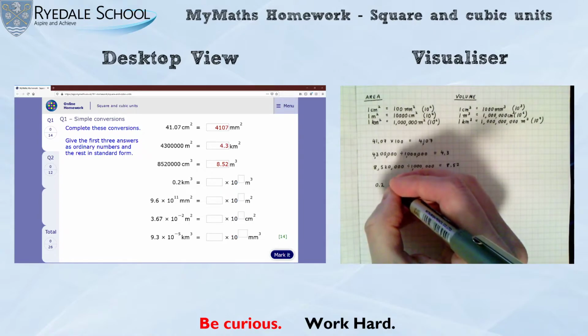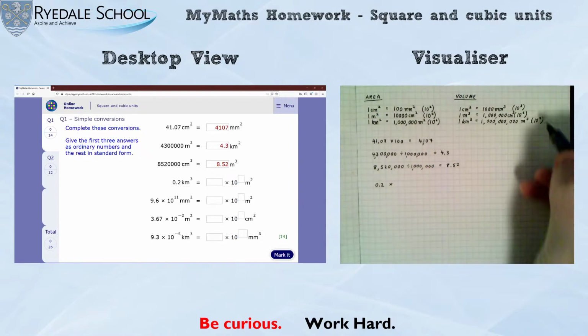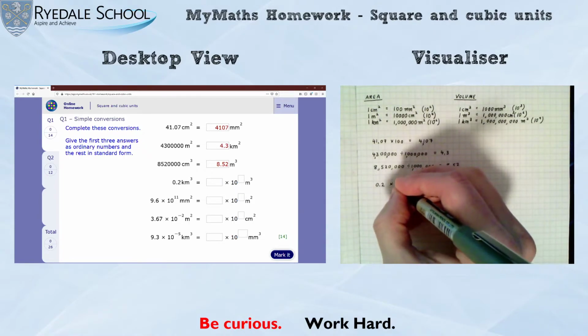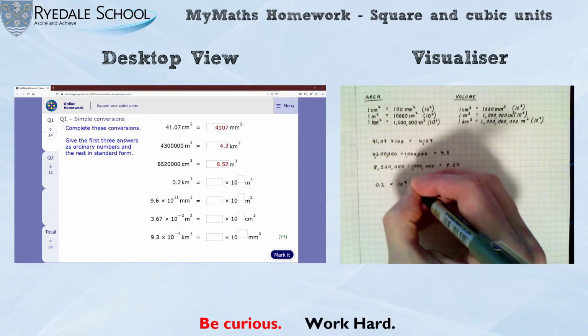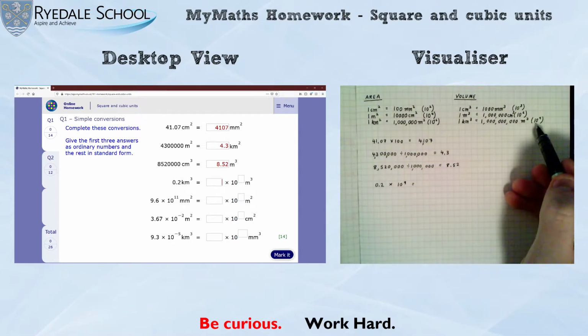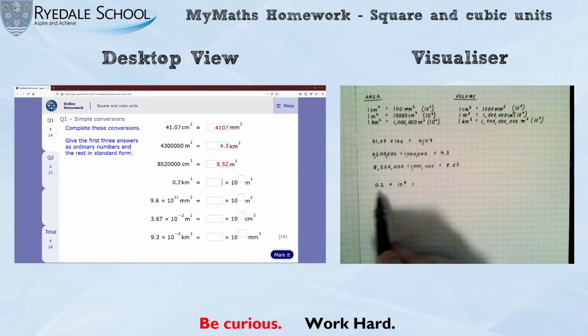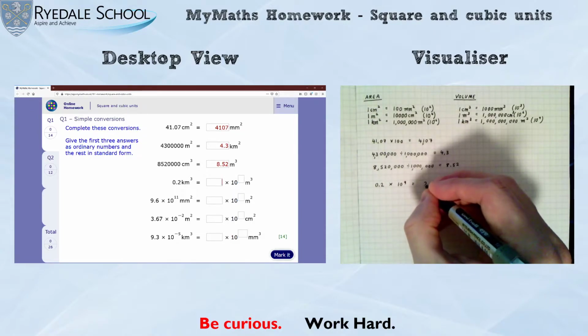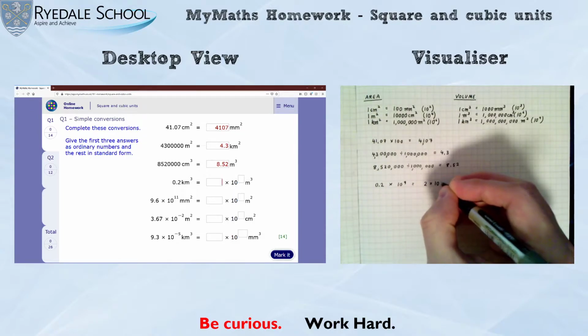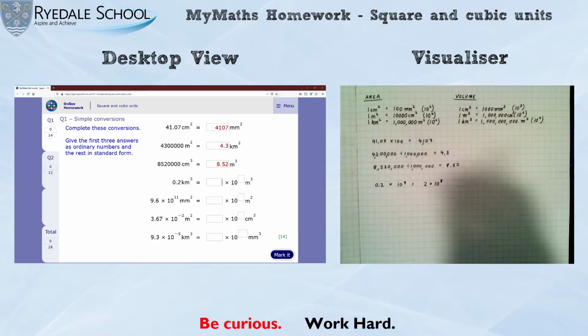So I need to do 0.2 times 10 to the 9. And you can see now why having these already written as powers is super helpful. That isn't quite in standard form. I need to borrow one of those 10s to make this number between 1 and 10. So that is going to be the same as 2 times 10 to the power of 8.